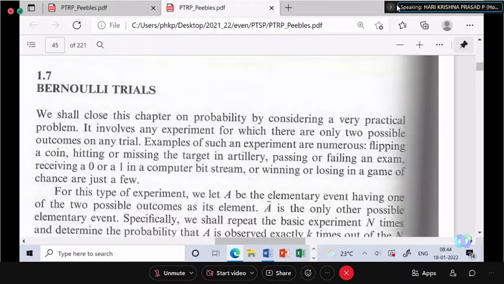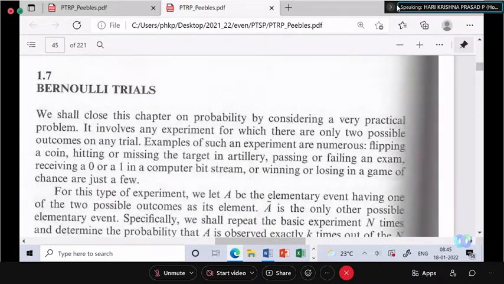If I ask you a question, did you understand the concept? You may say partially. That partially is the third answer. The other possible answers are yes, I understood; no, I did not understand; partially, I understood. So there are three possible outcomes for that question. So the sample space includes three possible outcomes, right? But we are considering an experiment where there are only two possible outcomes.